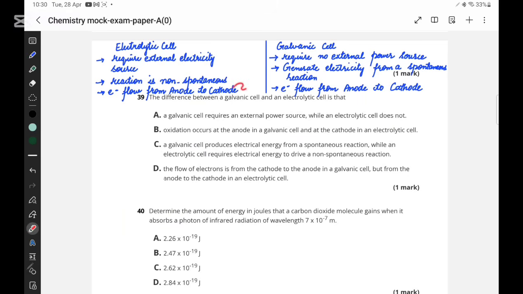And electrons flow from anode to cathode, but for a galvanic cell it requires no external source and generates electricity from a spontaneous reaction, and electrons here also flow from anode to cathode. So our answer is going to be C, that a galvanic cell produces electrical energy from a spontaneous reaction, while an electrolytic cell requires electrical energy to drive a non-spontaneous reaction.